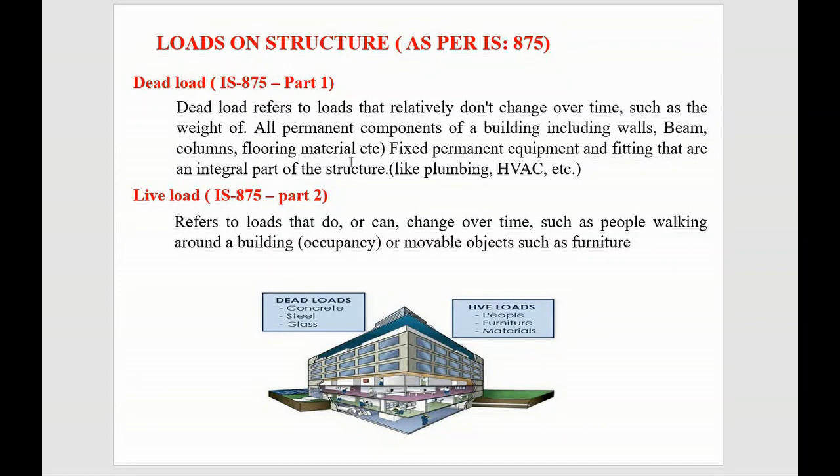These are permanent loads. It won't be moving. The next thing is the live load. For a live load we should refer to IS 875 part 2, and part 1 for a dead load.